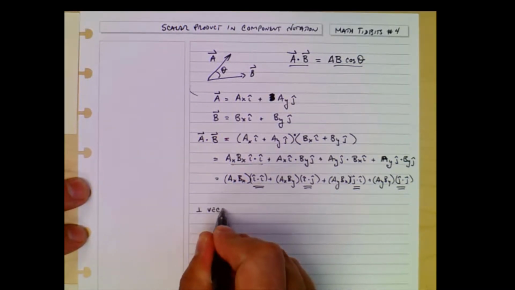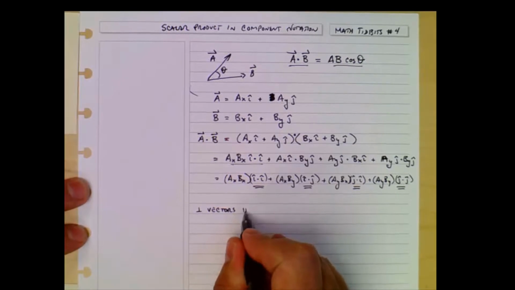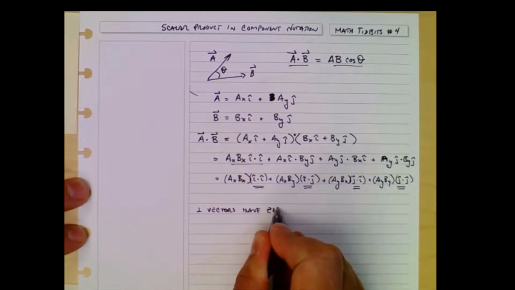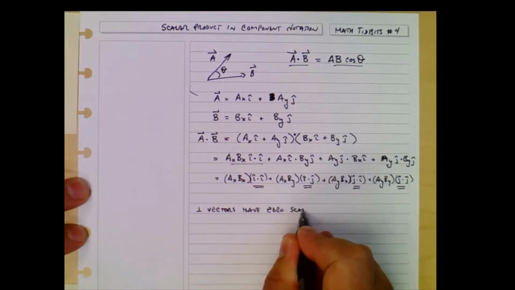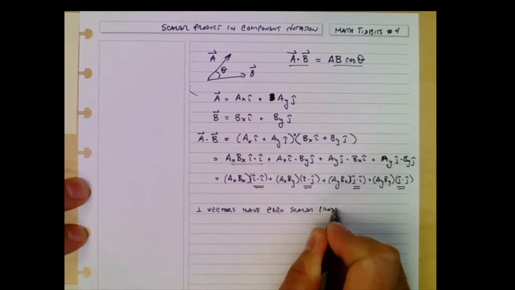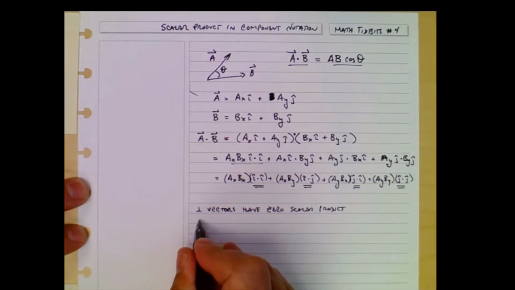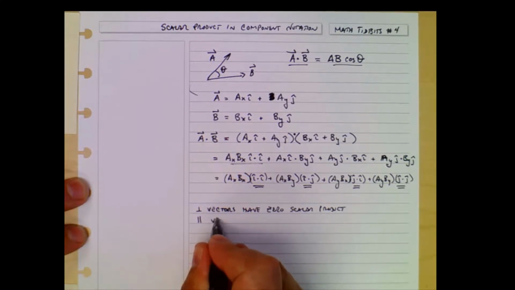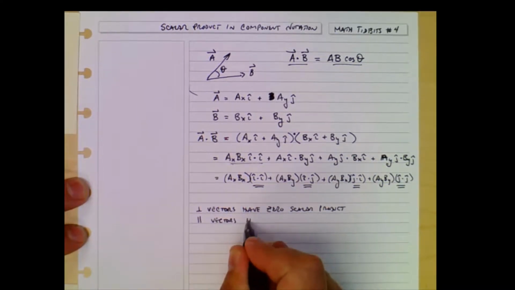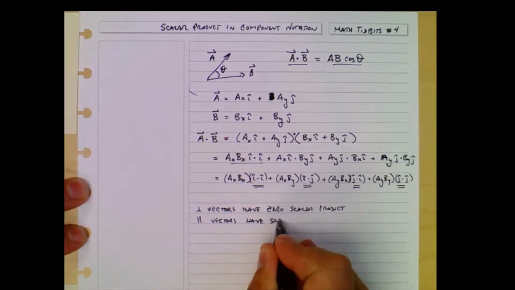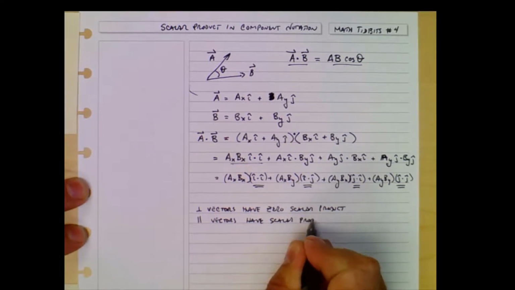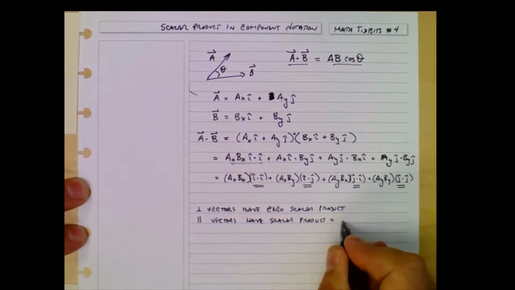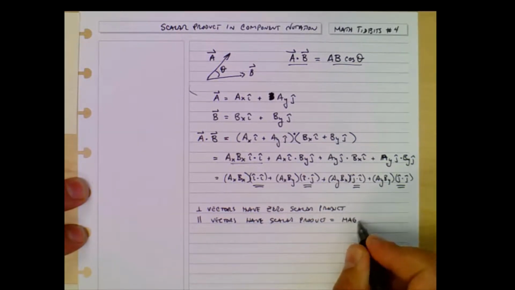Perpendicular vectors have 0 scalar product, and parallel vectors have scalar product equal to the magnitude of one times the magnitude of the other.